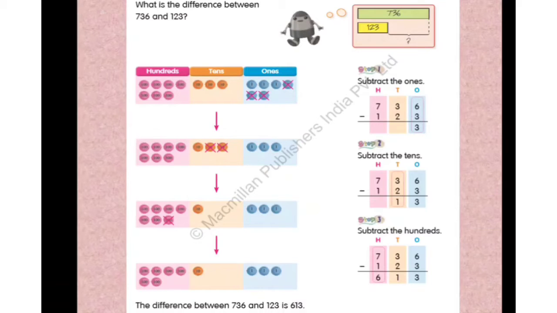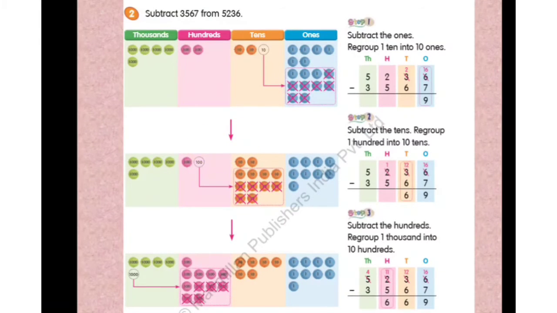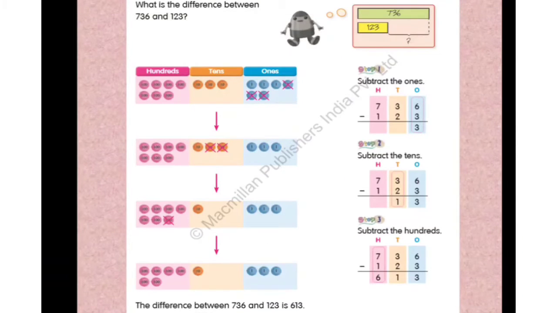Let's move on to the tens place. We have 3 tens, and we subtract 2. It means 2 are cut down, and only 1 is left. So we have solved till the tens. Now let us move to the hundreds place. That is 7 minus 1.